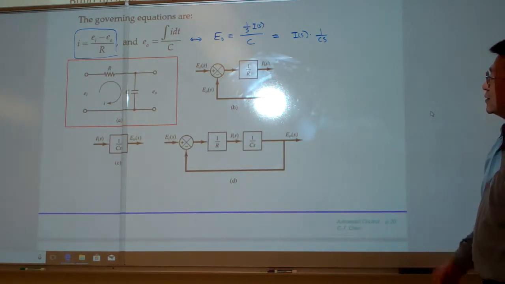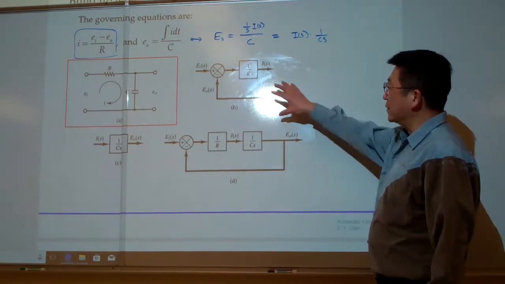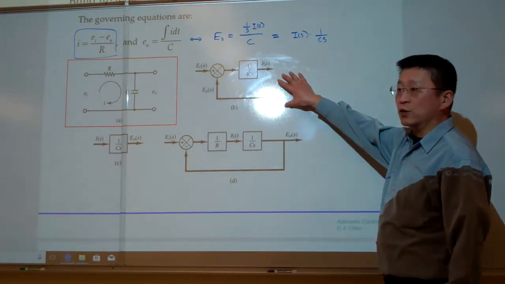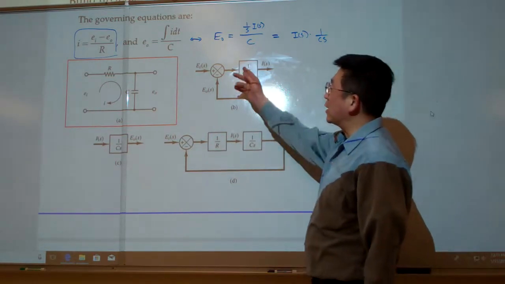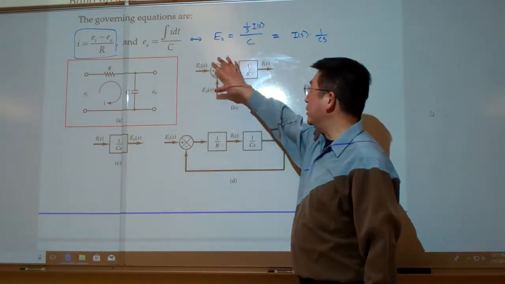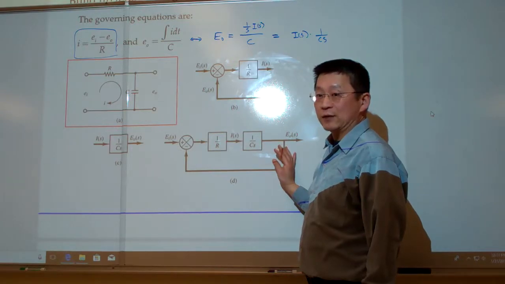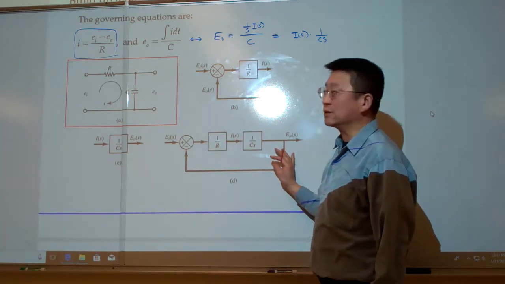So this is another typical example. In particular, in this sequence, we learned how to start from the individual mathematical modeling piece by piece to make up the complete control system block diagram.